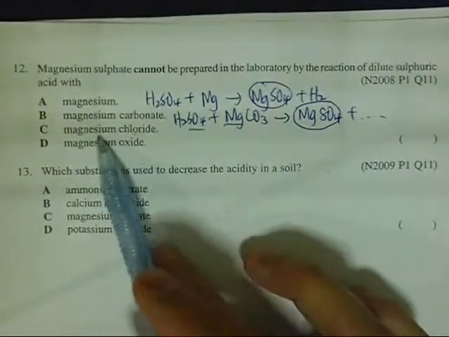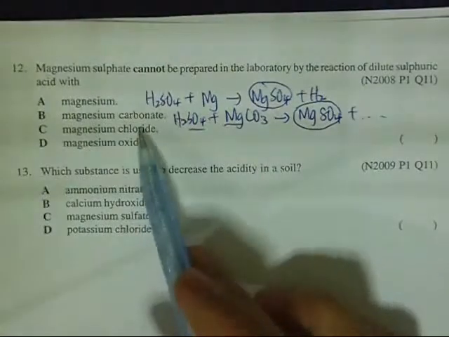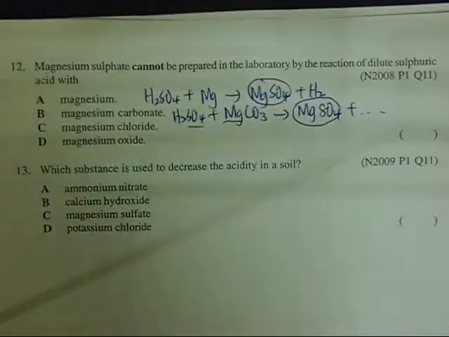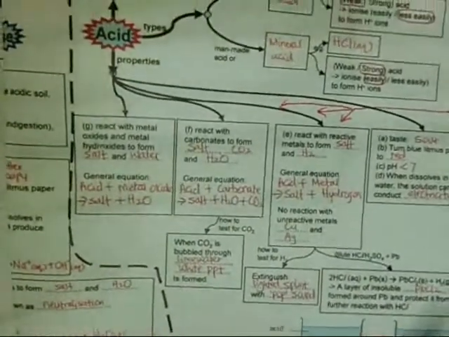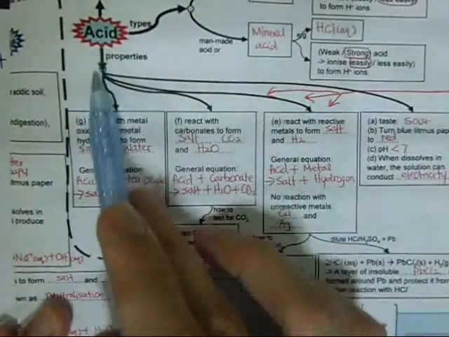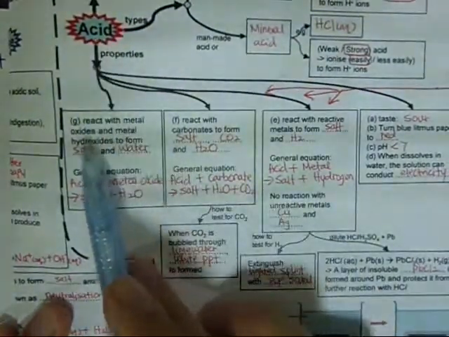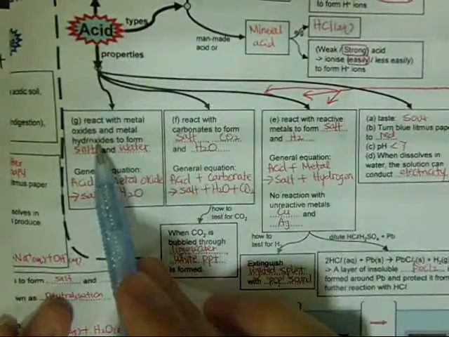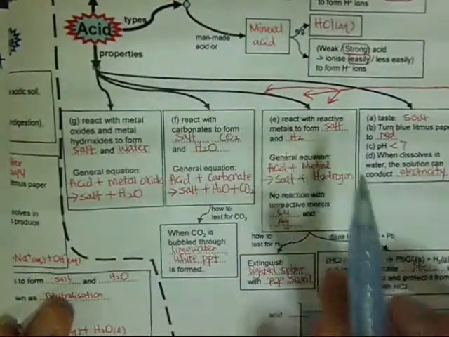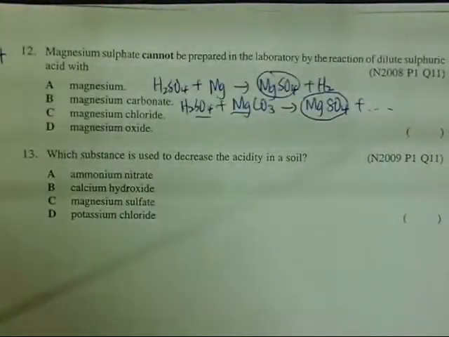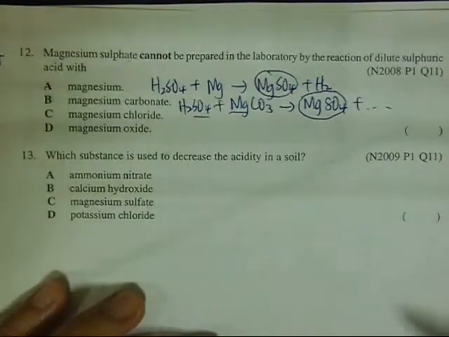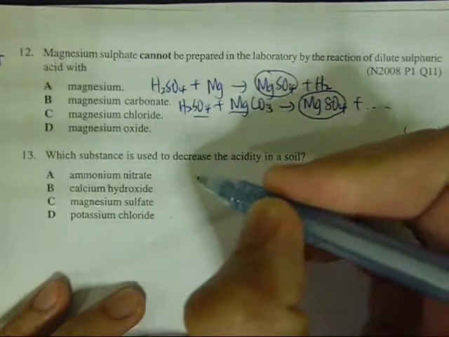The next one, magnesium chloride and acid. If you recall from the reactions involving acid, there is no reaction that involves acid and chloride. You only have acid and oxide, acid and hydroxide, acid and carbonate, acid and reactive metal. There is no reaction between acid and chloride. So magnesium chloride and dilute sulfuric acid, you don't get anything.